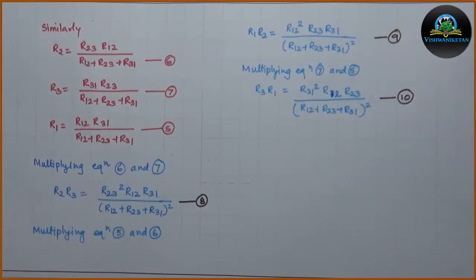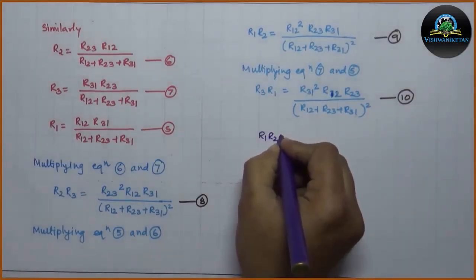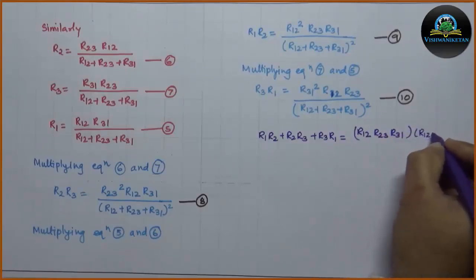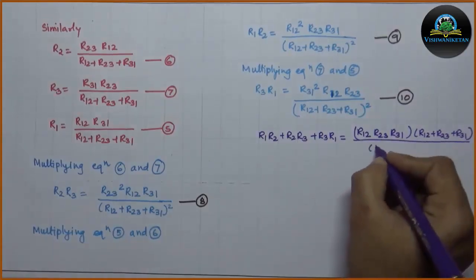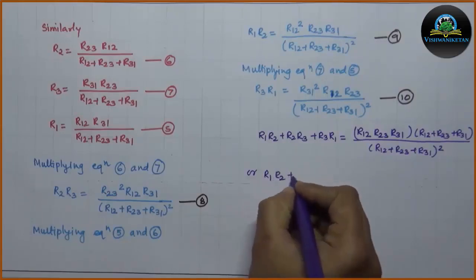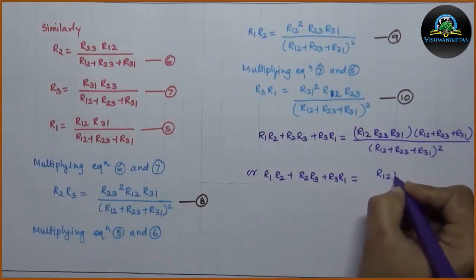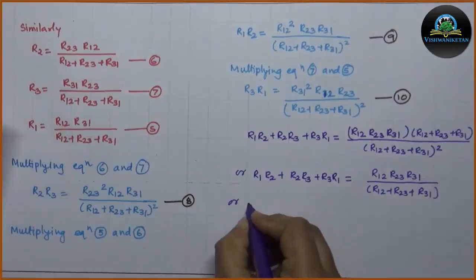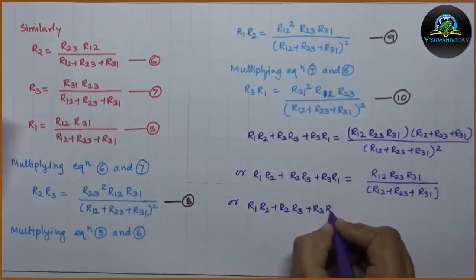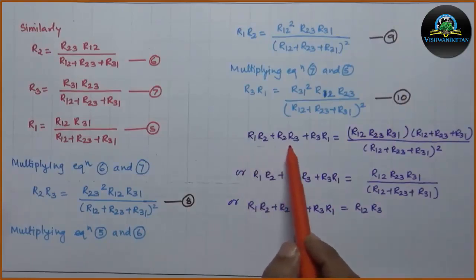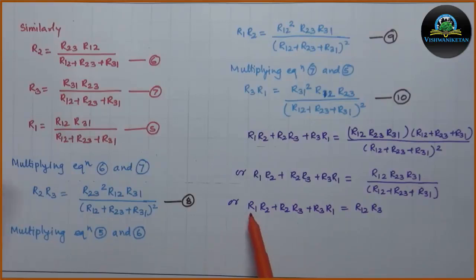By adding equation number 8, 9 and 10, we will get this equation and then we will simplify the equation and finally I will get R1 R2 plus R2 R3 plus R3 R1 is equal to R12 into R3.